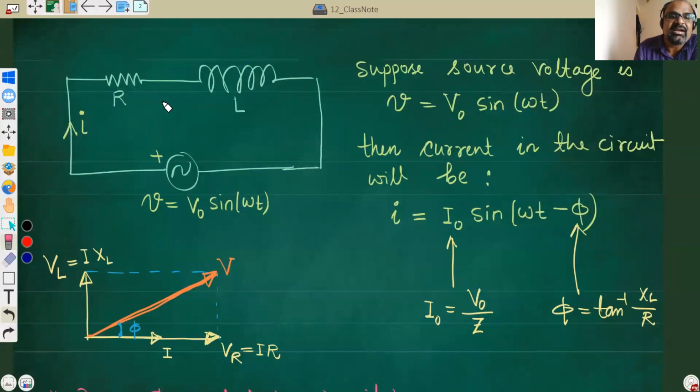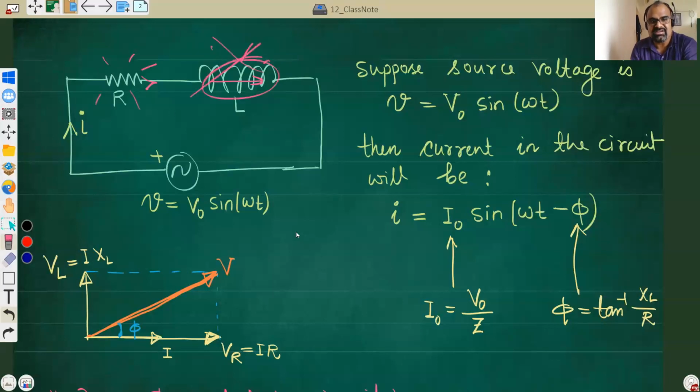So here, current is flowing this way as well as this way. So you may say that some power is generated here and some power is generated here, but no power is generated here or dissipated here. Only in the resistor power is dissipated.